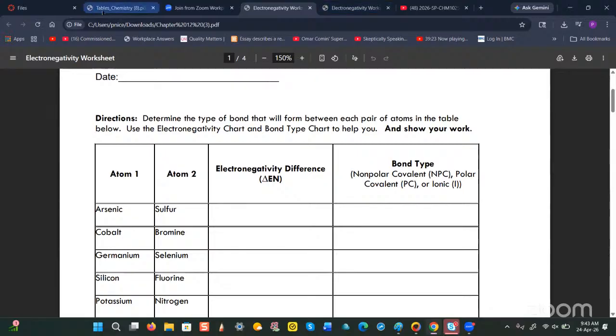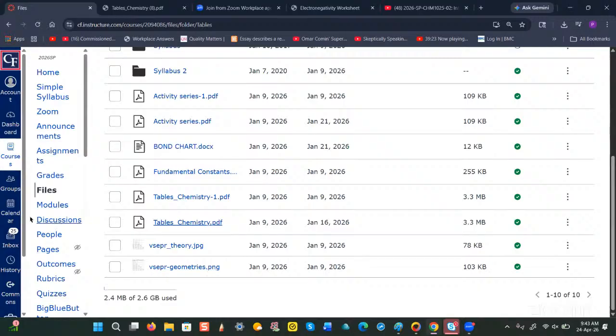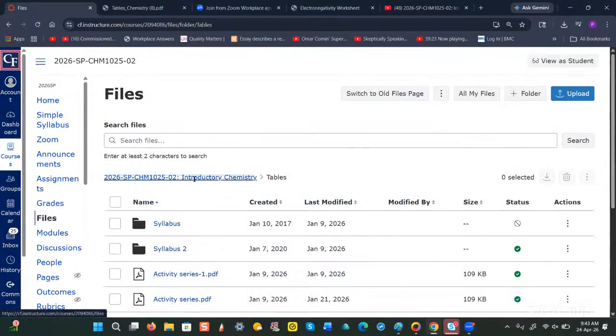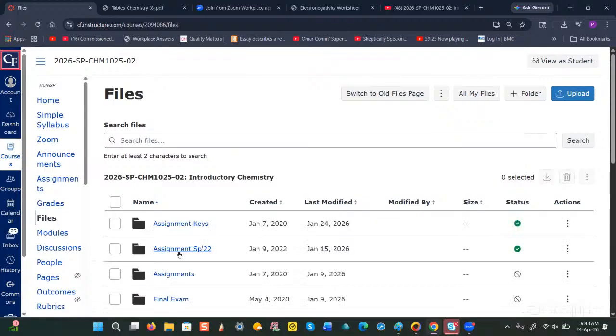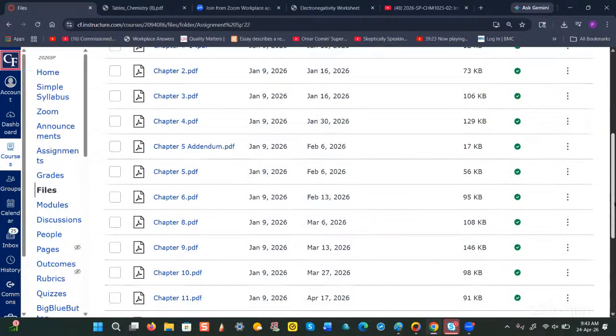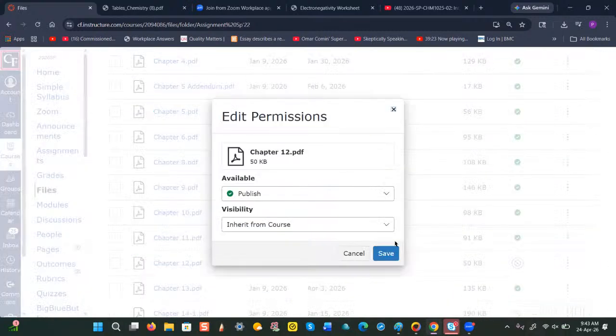Now, I wish I could have done a split screen here, but hold on, let me take this out here. Oh, by the way, I should check to see if I have published the assignment for you guys out there in Zoom. Let me just do a quick check here. Okay, so let me publish that now for you guys out there in Zoom.